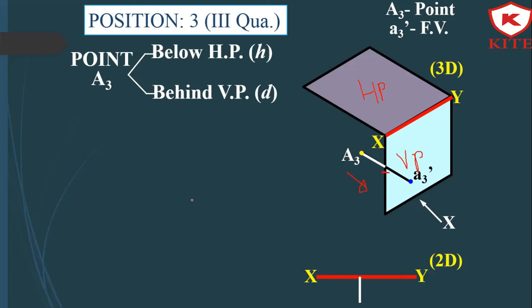So here point A3 dash is below the XY line. Now for the top view, my projection will be on HP.